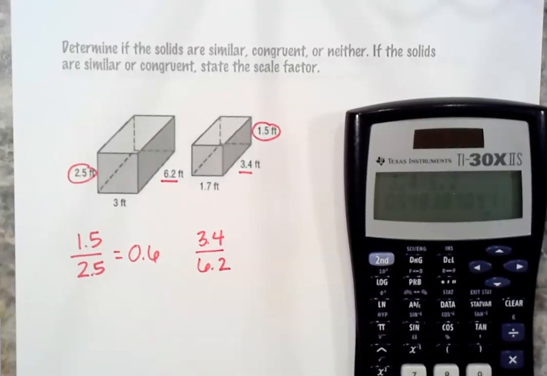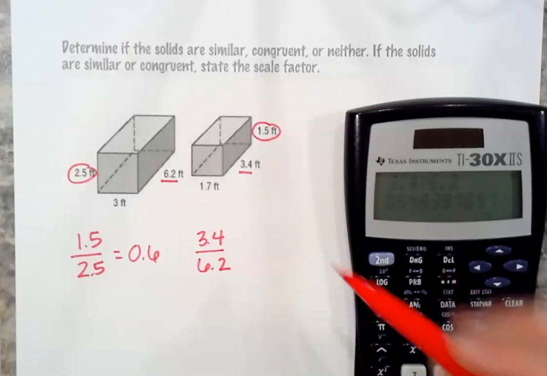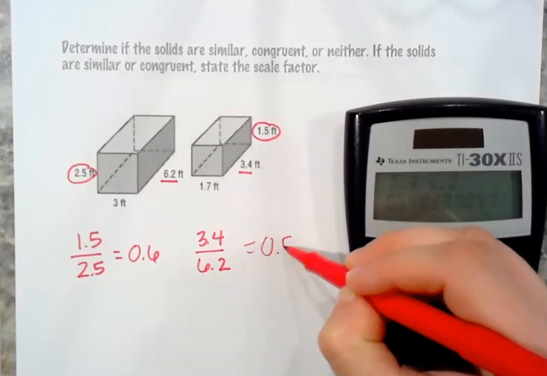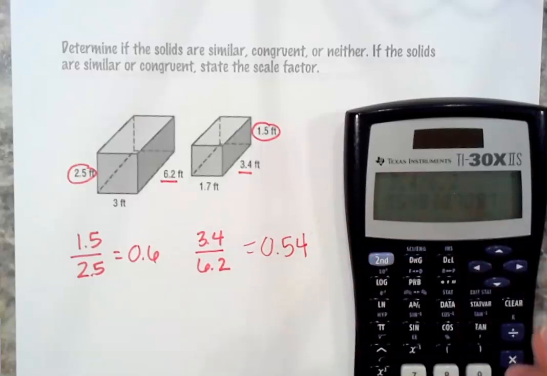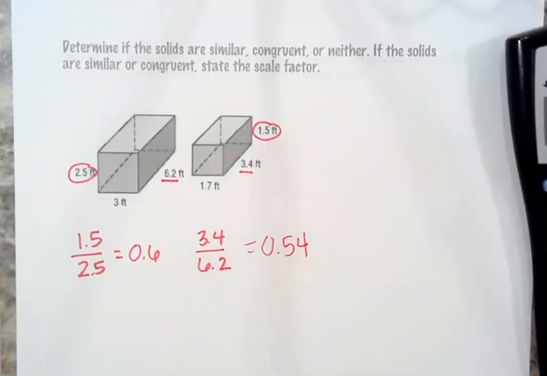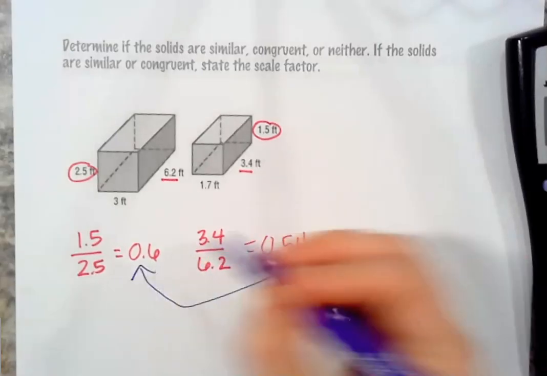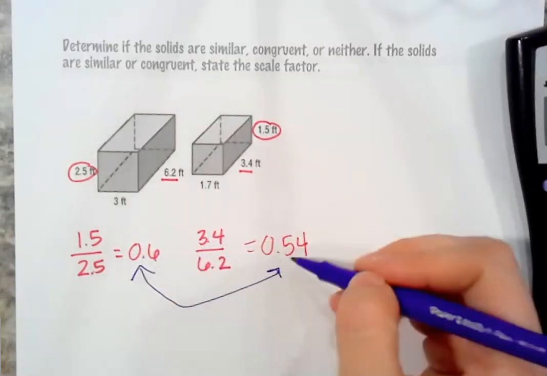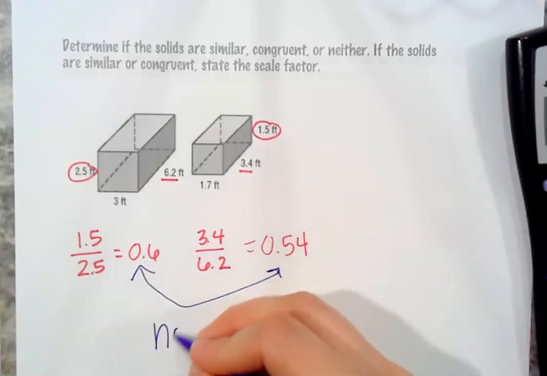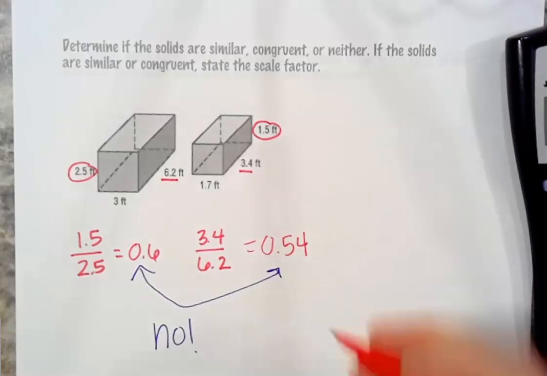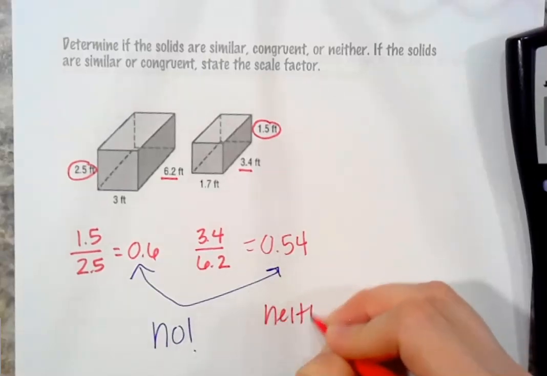So we get 0.54. So right now we're done with this problem because if we notice, did I get the exact same thing here? Am I reducing to the same thing? No, we're not. They're not the same. So they are neither. They're not similar or congruent. They're neither.